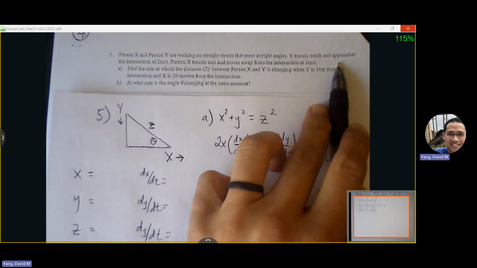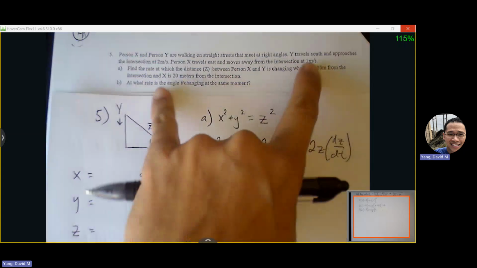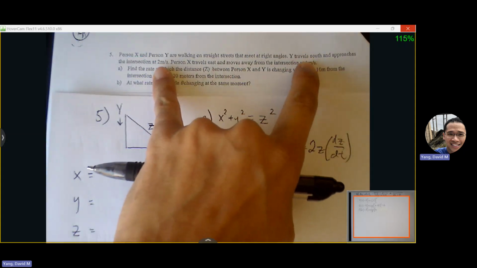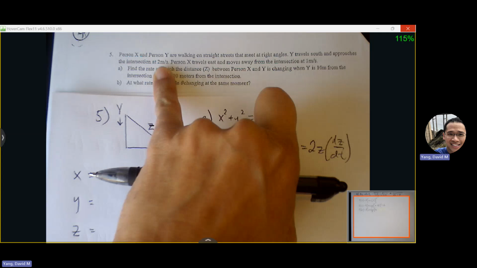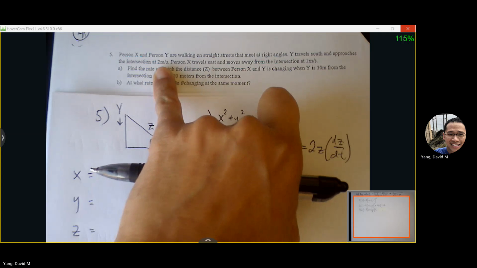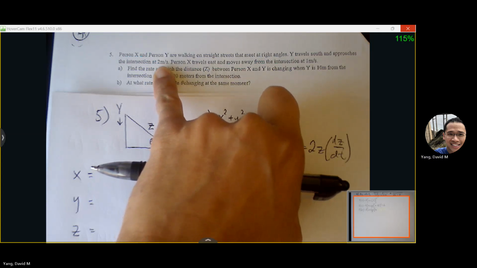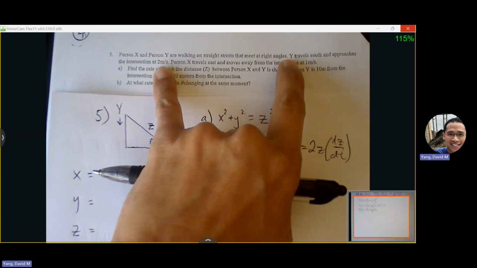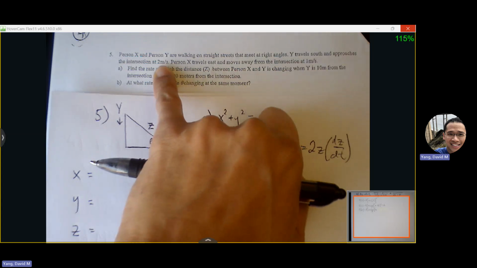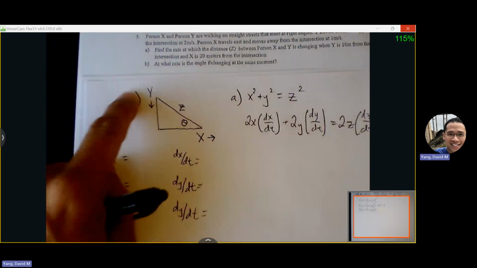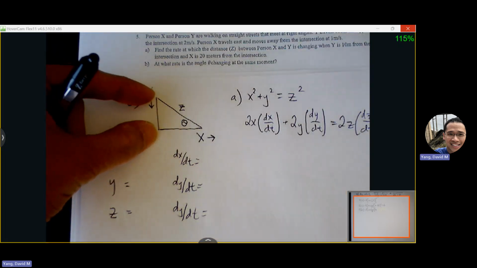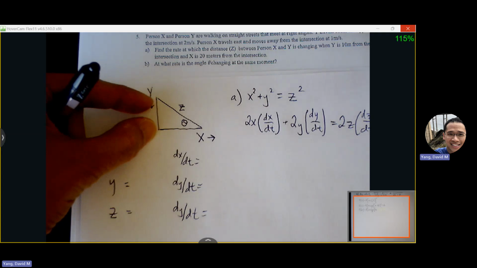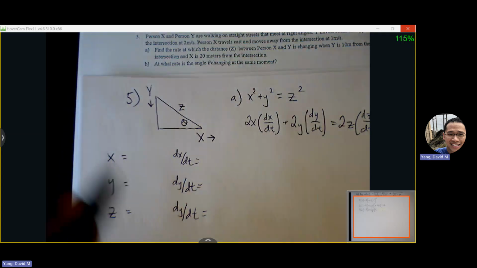Y travels south and approaches the intersection at 2 meters per second. What do we assign that 2 meters per second for? Related to Y, but there's movement involved, so dy dt. Okay. Any adjustment we need to make with that 2 meters per second? Negative, right? Not because it's going south, but because this distance is decreasing. This side of my triangle is decreasing over time.